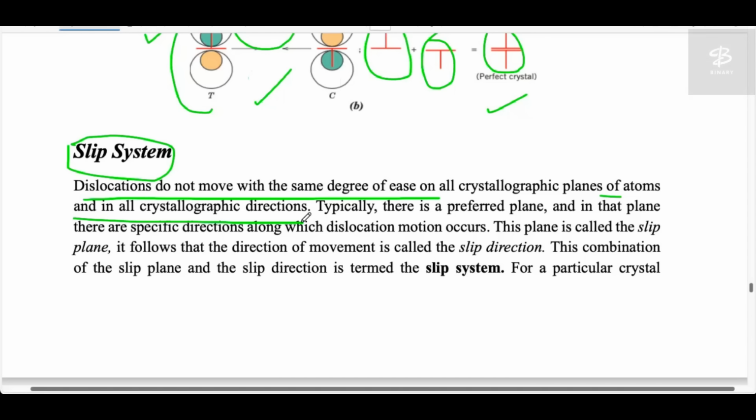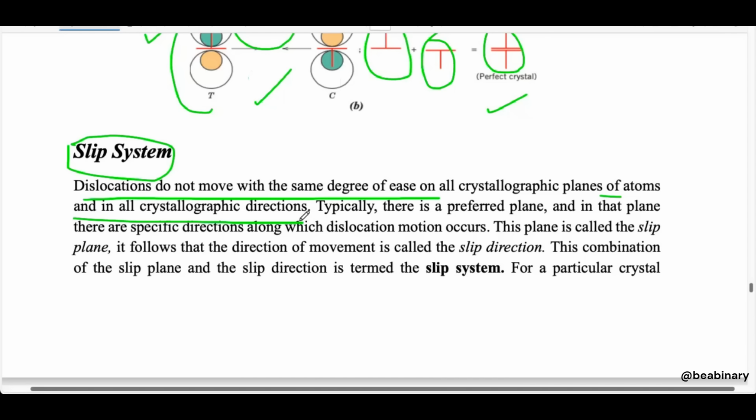There are many directions in your unit cell, in your crystallographic structure, but only the direction responsible for the movement of your dislocation is known as your slip direction. So slip direction and slip plane combined together are known as your slip system.